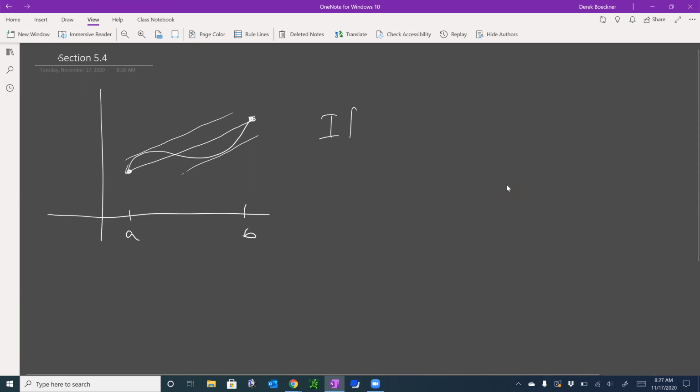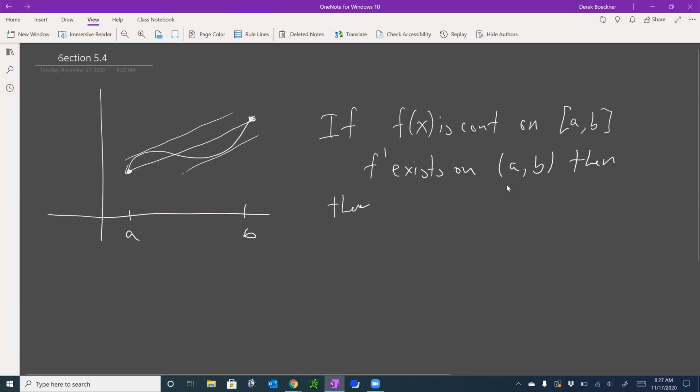So if f of x is continuous on the whole interval, differentiable on the interior, then there is some c in (a, b) with f prime of c equal to f of b minus f of a over b minus a, right?